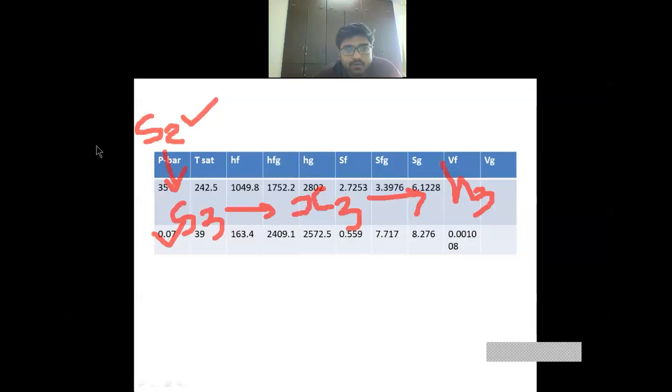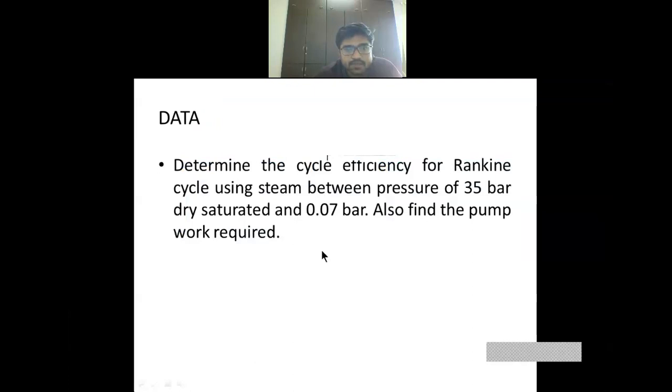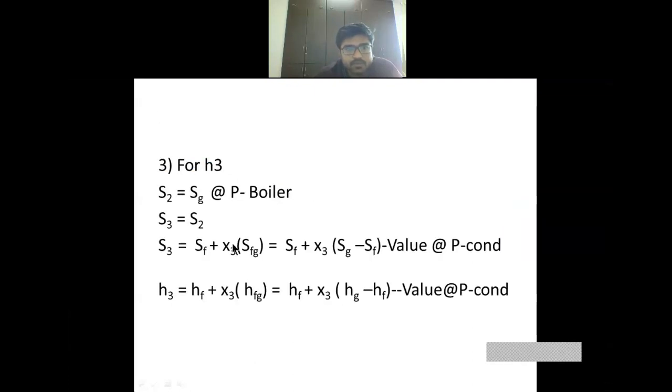So we will see which formulas to use. This is the procedure: S2, S3, X3, and from X3, H3. So how do we find S2? Here the equation is given. S2 is equal to Sg at P boiler. Let us check what S2 is. Sg at P boiler.